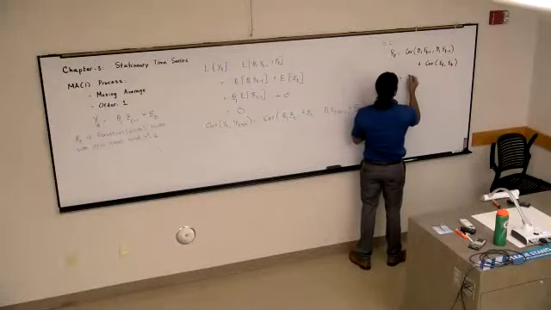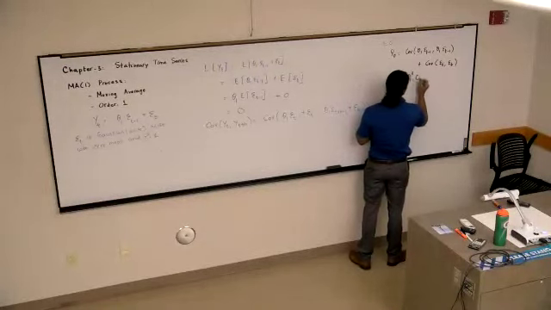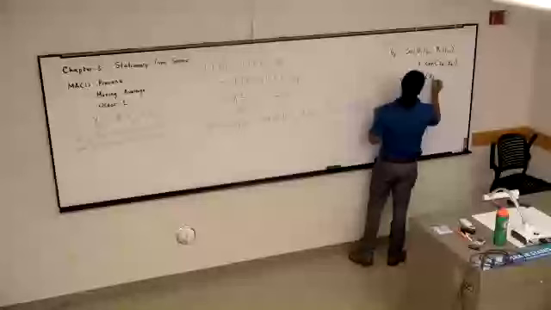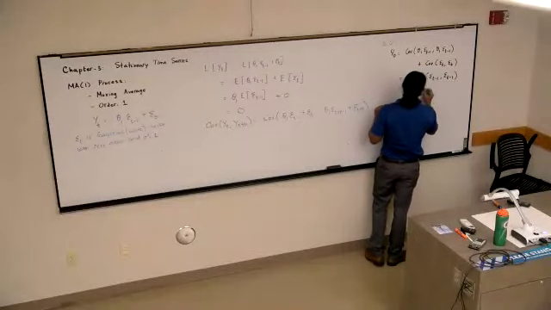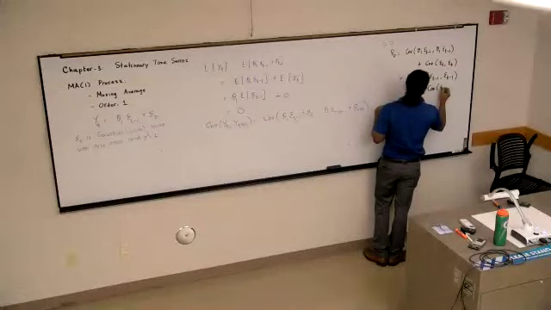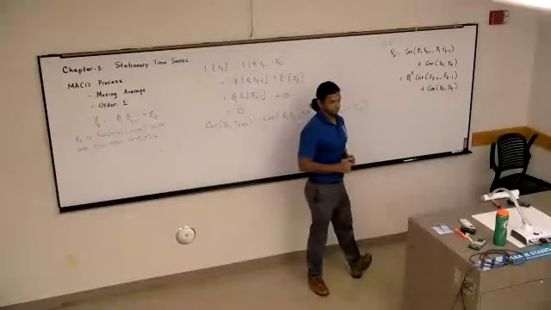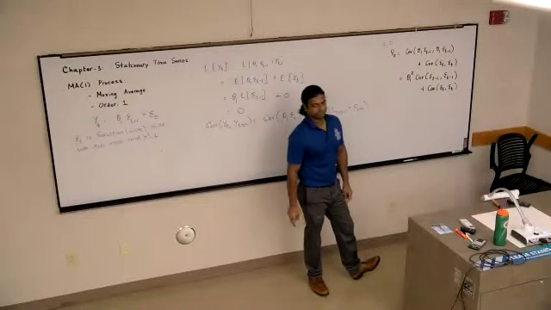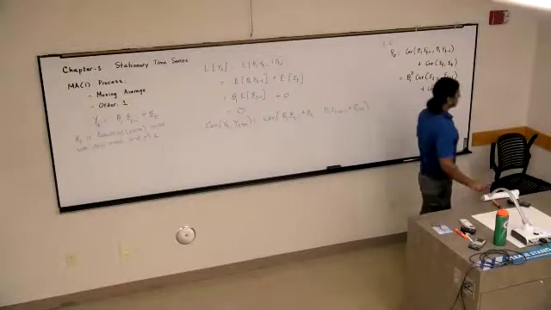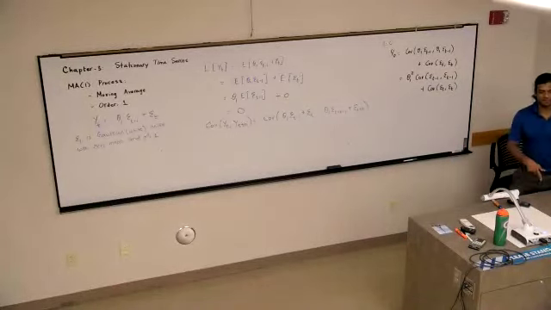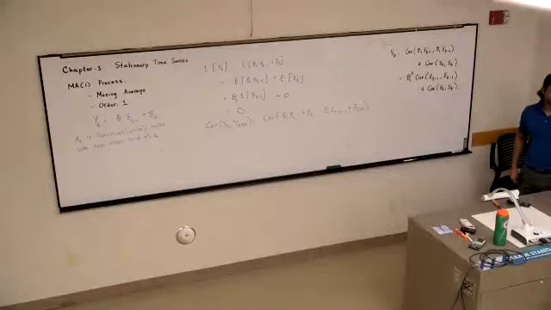If I pull those two out, I'll have theta 1 squared covariance epsilon t minus 1, epsilon t minus 1, plus covariance of epsilon t, comma epsilon t. What is the covariance of epsilon t minus 1, comma epsilon t minus 1?